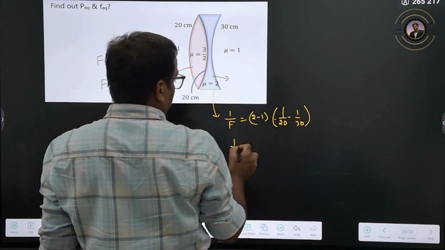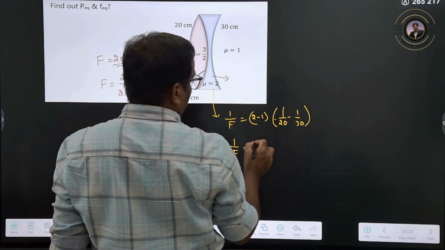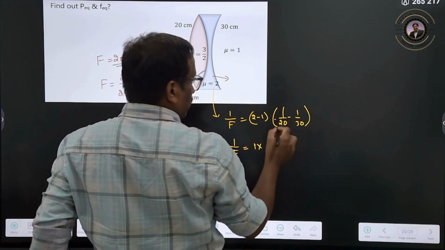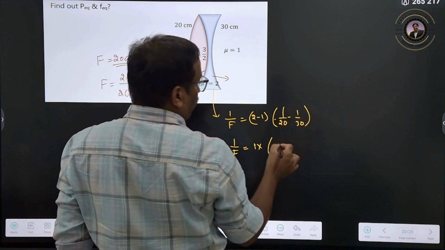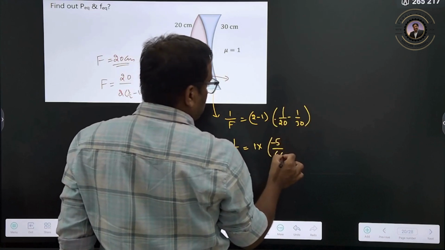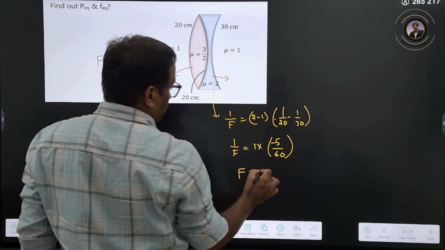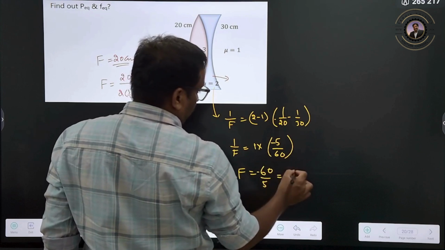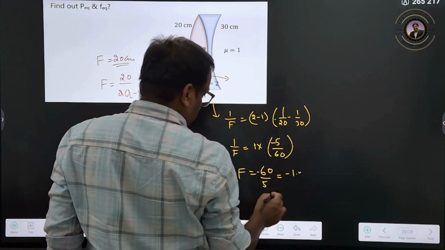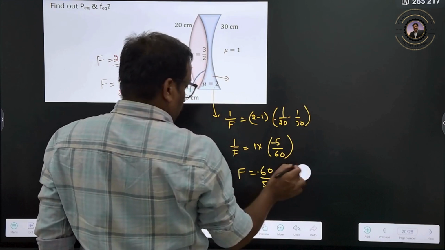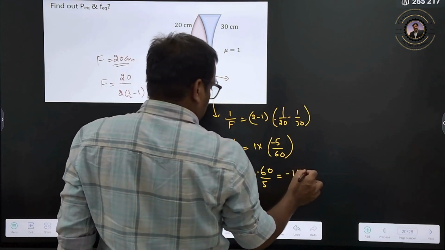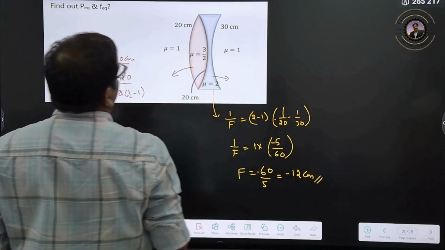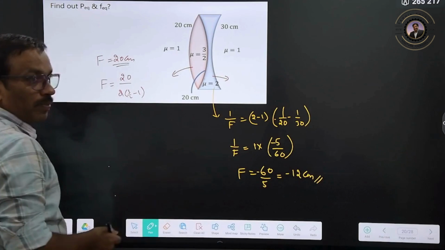Clear? So 1 by f is equal to 1 into minus 5 by 60. So f is equal to 60 by 5, therefore minus 12 centimeter. Clear?